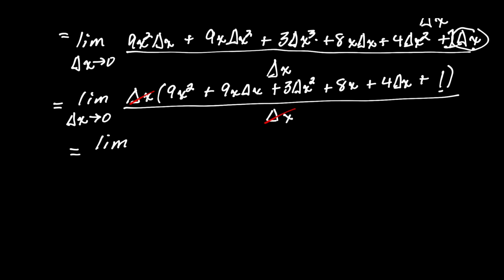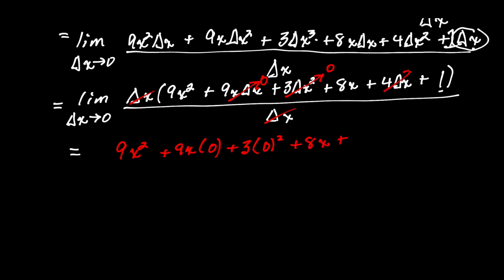So in my next step, I'm going to go to direct substitution now. I think we can do that. So that means I have 9x squared. This is going to go to 0 because it's plus 9x times 0. Delta x is 0. Plus 3 times 0 squared. So here's another term going to 0. Plus 8x plus, this is going to go to 0 because it would be 4 times 0.